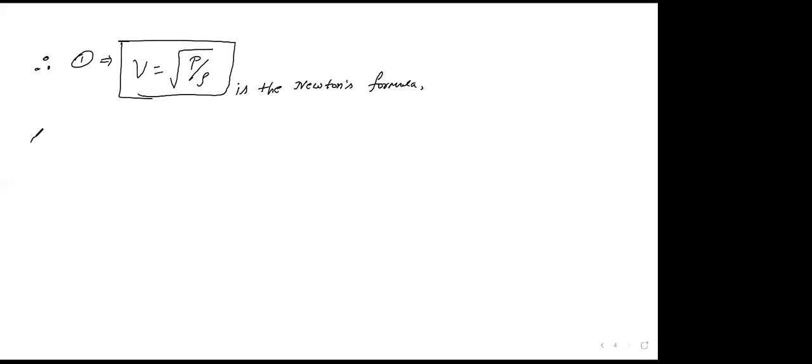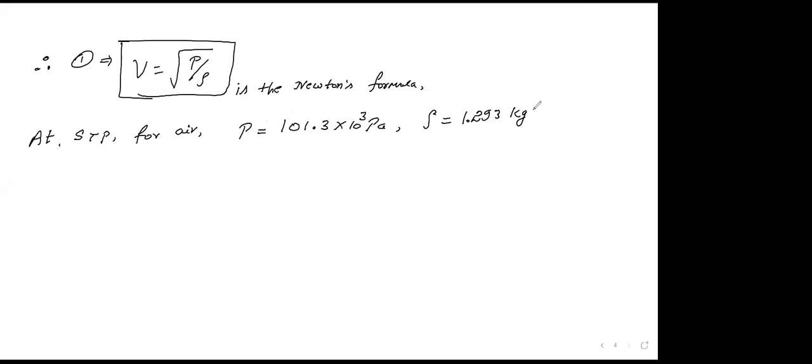Let's check that. Now at STP, standard temperature and pressure for air, we know the atmospheric pressure value is 101.3 into 10 power 3 Pascal, kilopascal we say, and the density of air is 1.293 kg per meter cube.